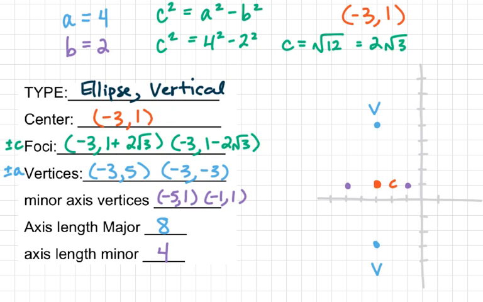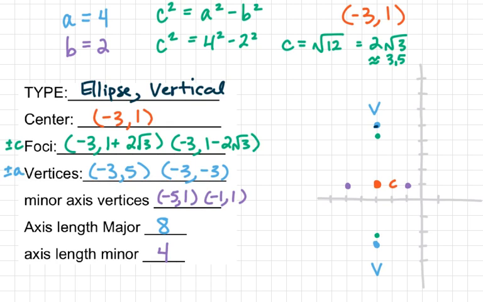And then the 2√3 value, the square root of 12, that's approximately 3.5. It's 3.464. So that means I'm going to shift up 3.5 units and down 3.5 units. So I'm about half a unit above and below each of these vertices.